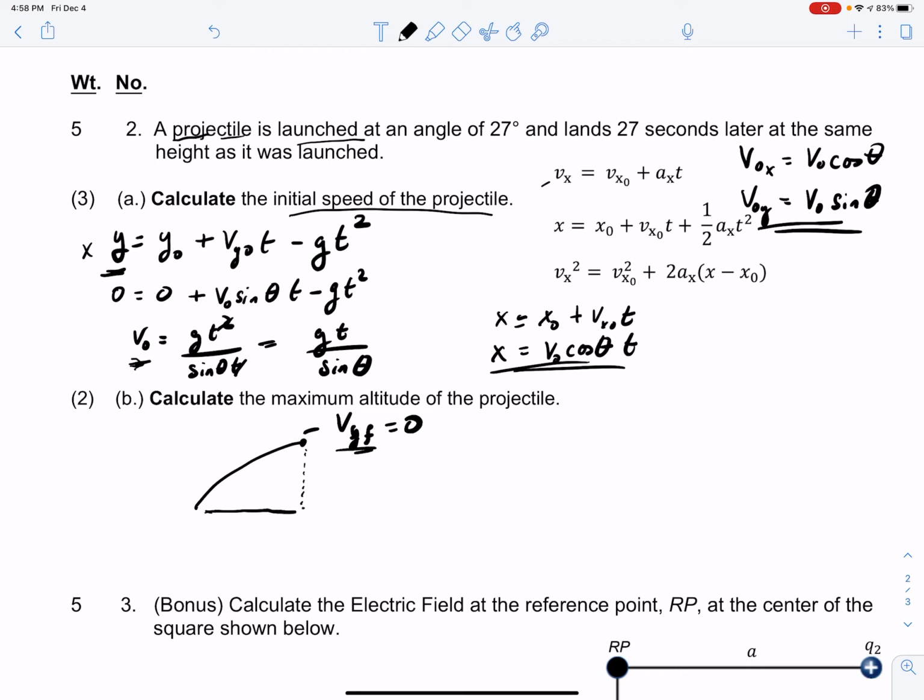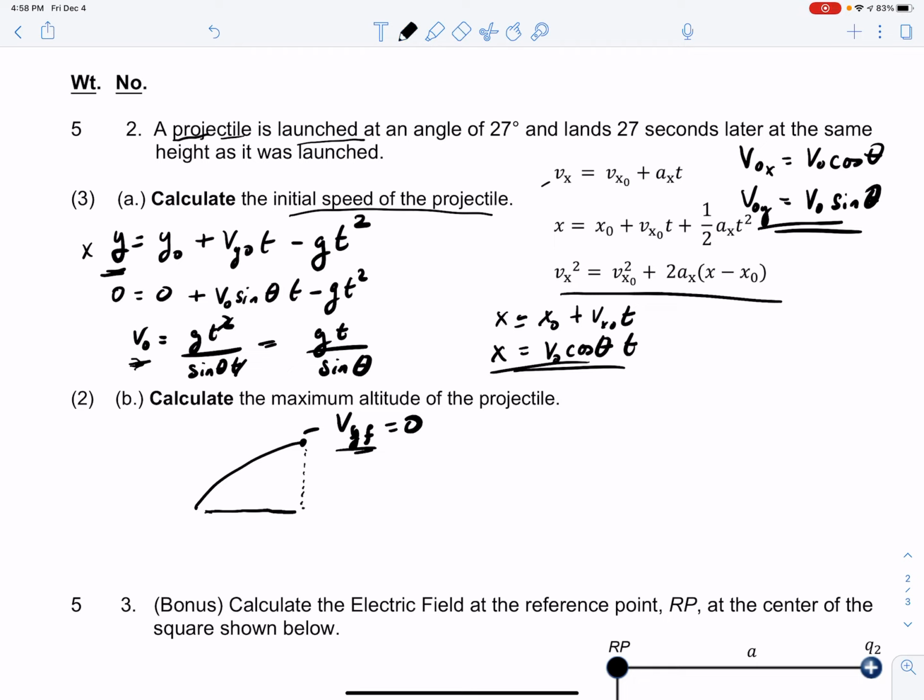Since the velocity in the y direction equals 0, we can use this equation, because technically we don't have time. We don't really know the time for the middle. Actually, we do, but in case you don't know the time and you're asked to solve for the maximum altitude, then you can use this equation right here to solve for it.